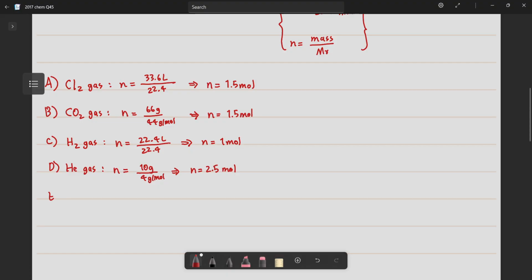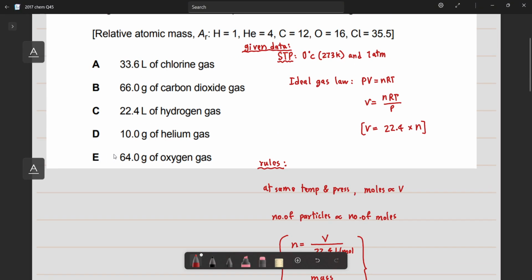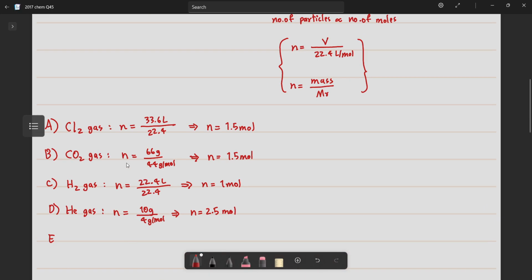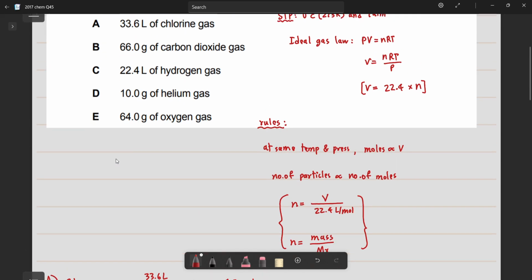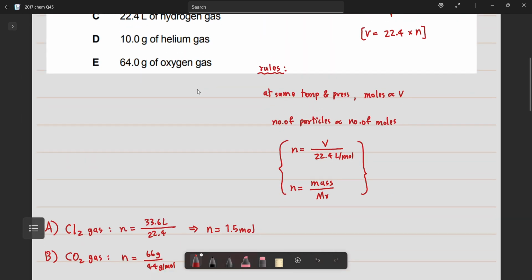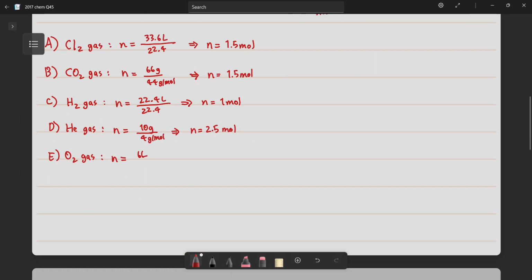Now for option E, we have oxygen gas with 64 grams. 64 grams divided by 32 grams per mole.